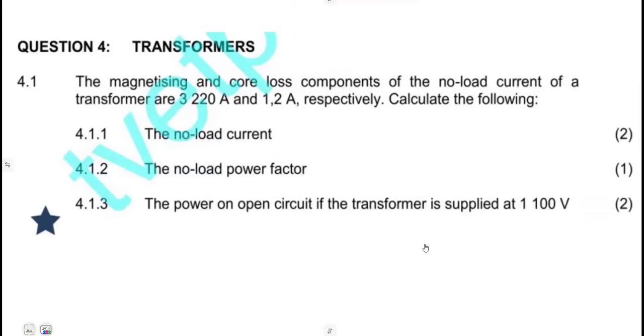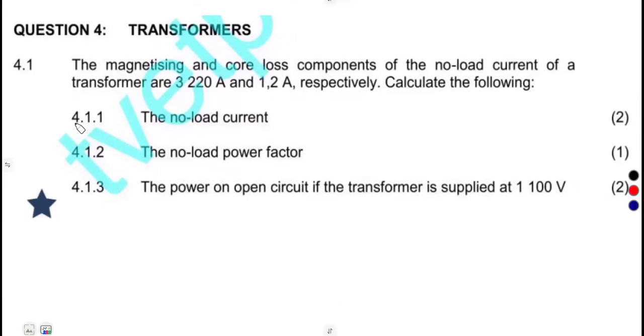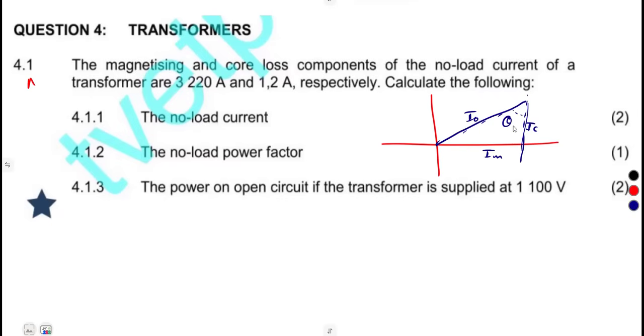Right, let's move on to the transformers, question number 4. 4.1, the magnetizing component. So we have that idea where there is magnetizing, and this is our magnetizing, the no load, and this is our core loss, given at a certain angle in between at no load.